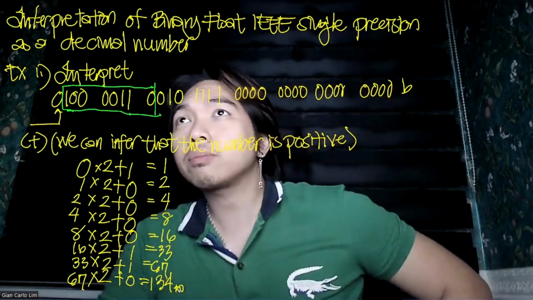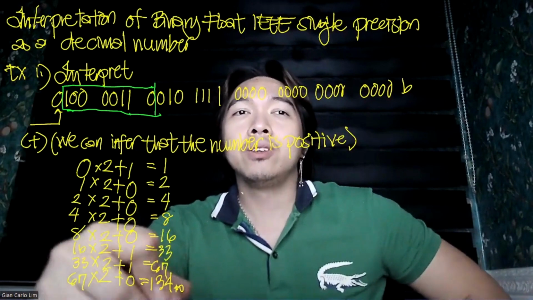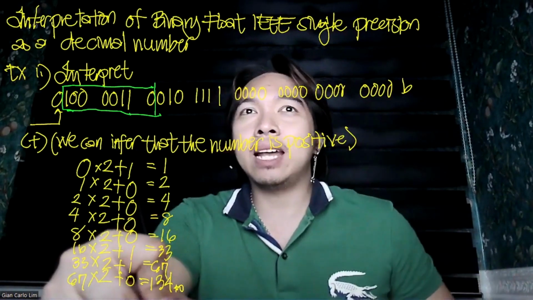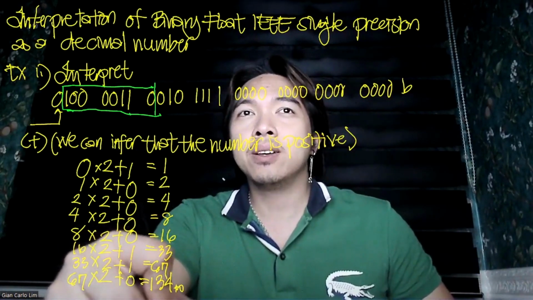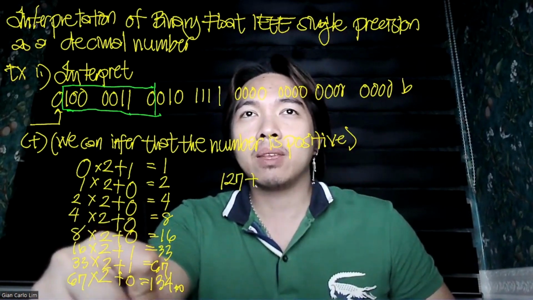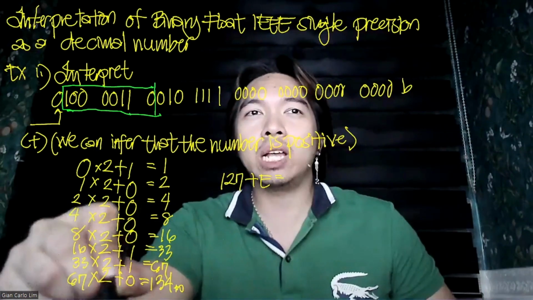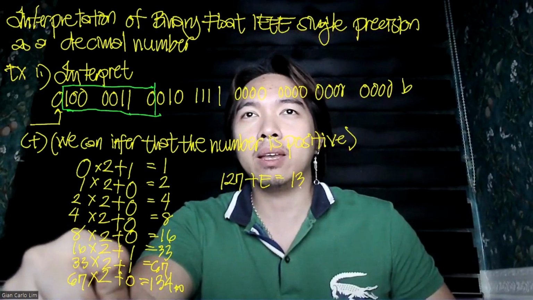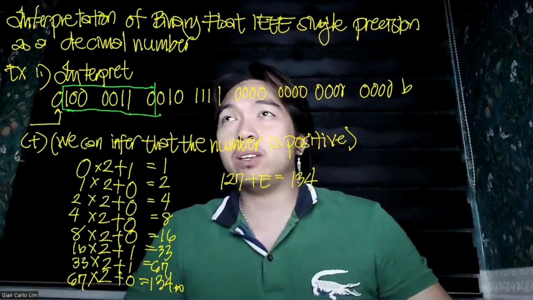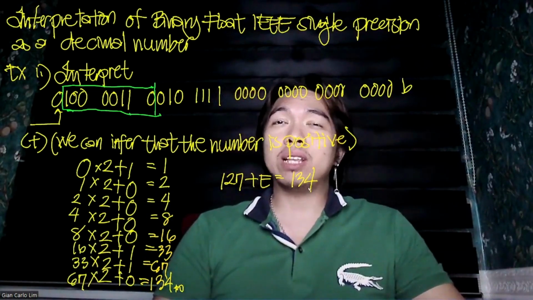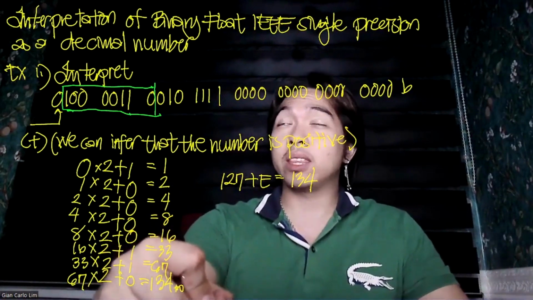Okay. So yung exponent natin, alam naman natin na ang formula for exponent is 127 plus e is equal to the normalized exponent. Okay. Based on the previous video. So, di ba nga ganoon natin kinukuha itong 134 na ito.